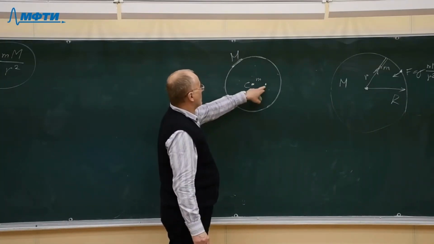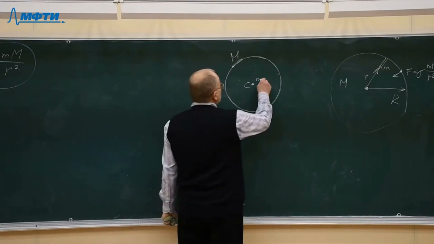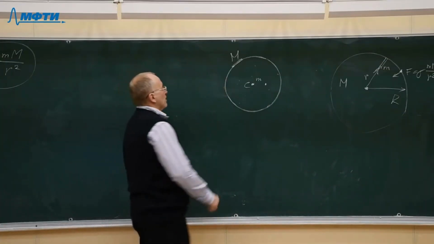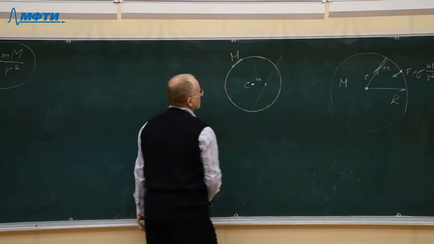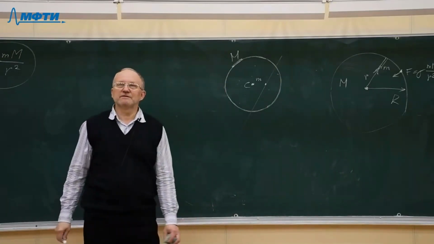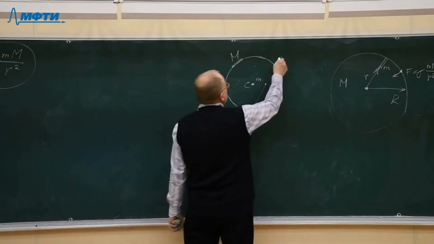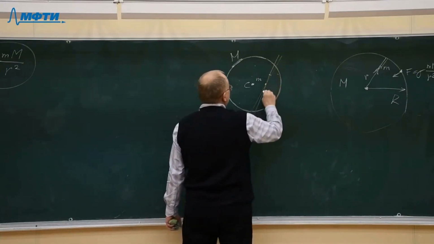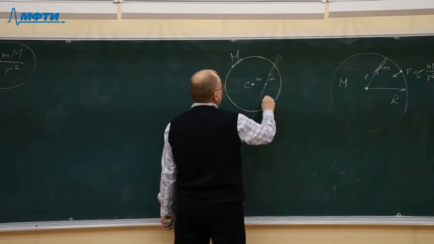So, in order to find the force acting on this body, we choose any arbitrary direction, and we choose a small solid angle alpha, which is alpha here and here.